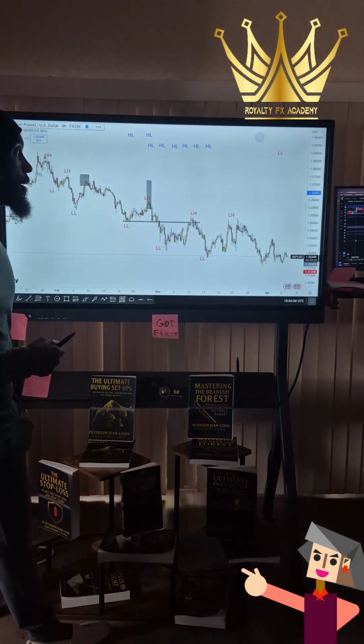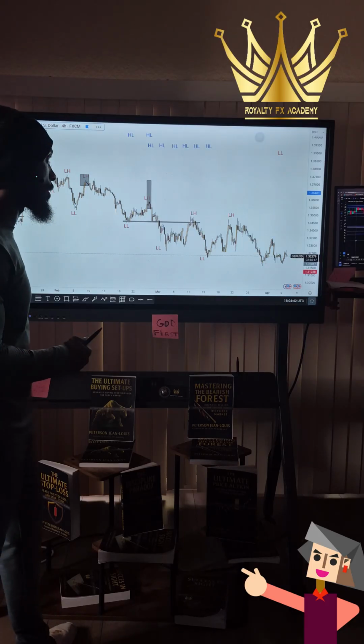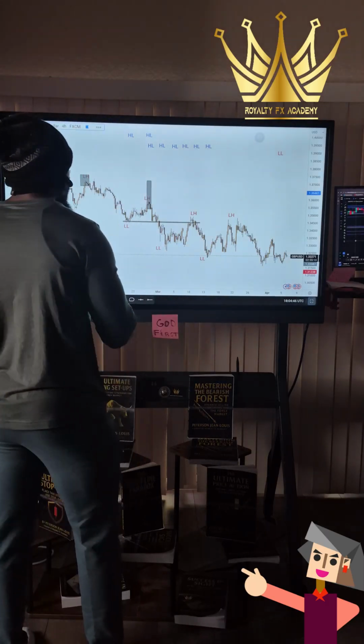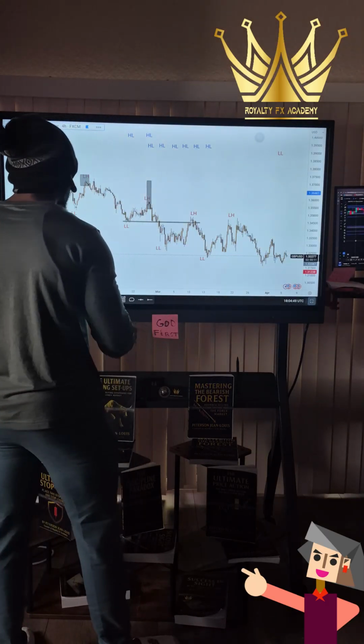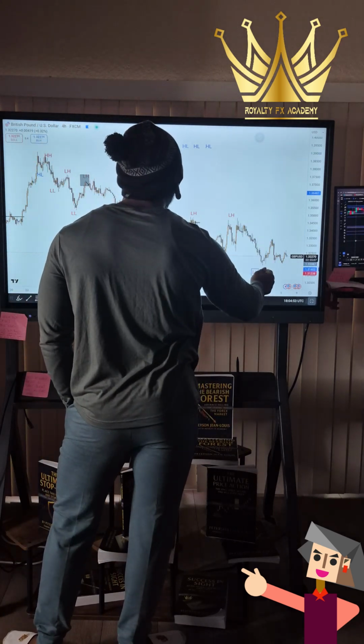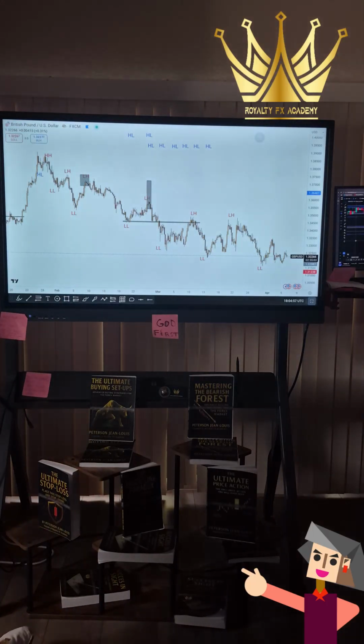It did not break. This is exactly what I mean when I'm talking about structure itself. Okay. Now after that, market did go to give us that next lower low, like right here. All right. Boom. And that right there itself, ladies and gentlemen, is structure itself.